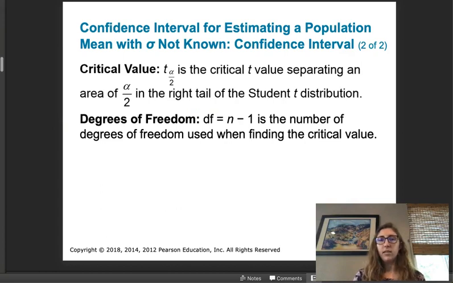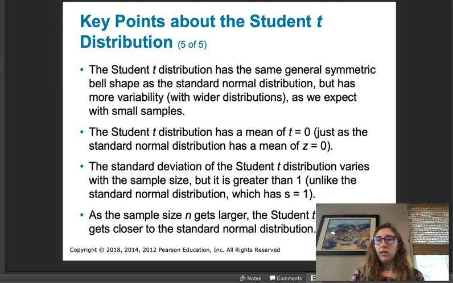I think I've talked a little bit about these things already, but feel free to pause here and read over the student T distribution to see if it helps. The main idea is that we don't have our population standard deviation, so we have to use this student T distribution, which is slightly different than our normal distribution.